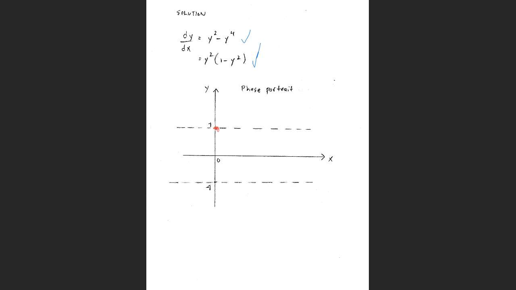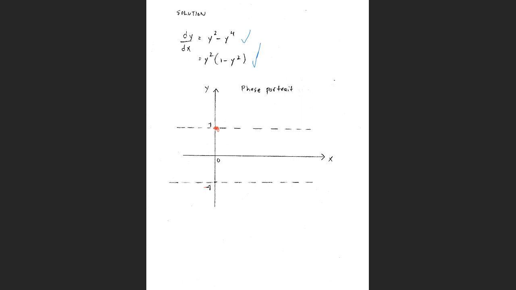What's dy dx equal to when y equals 1? 0. That's right. So if we have an initial condition of 0, 1, that means that dy dx equals 0.